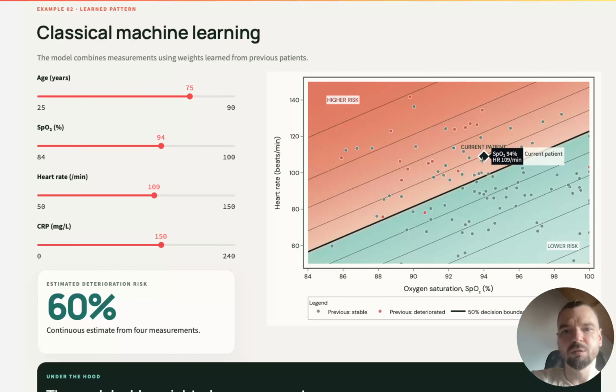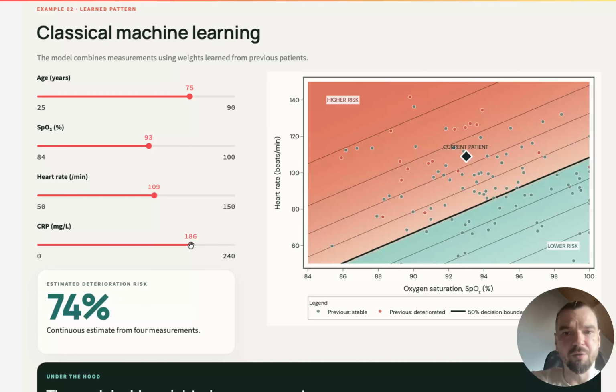It's a little bit more interesting than simple rule-based logic, because for some patients it can be okay to have SpO2 93, if previously patients with these parameters didn't deteriorate. At the same time, if inflammation markers are higher, even with good SpO2 and lower heart rate, the patient will be considered at quite high risk.